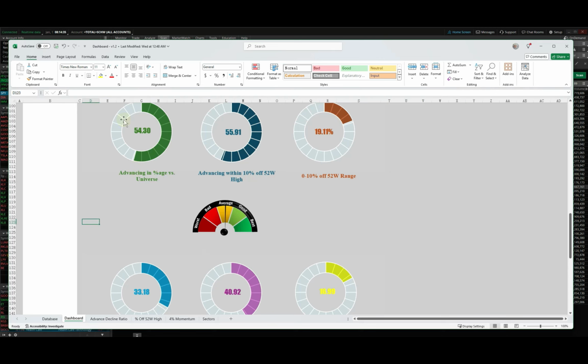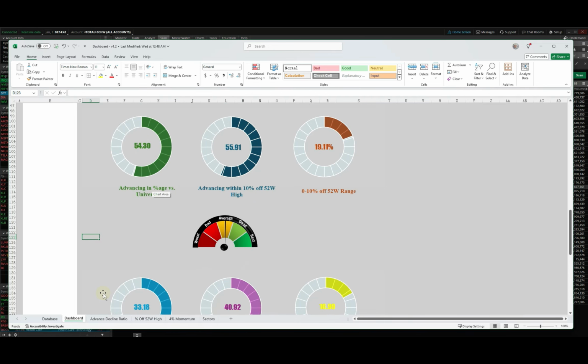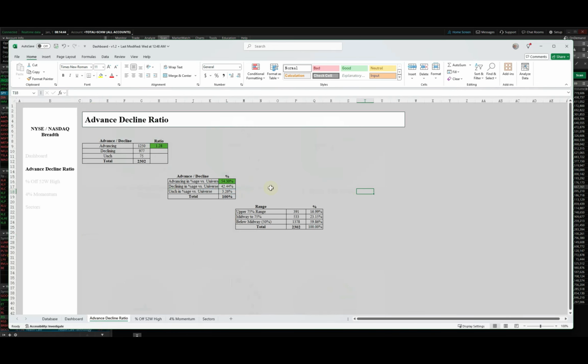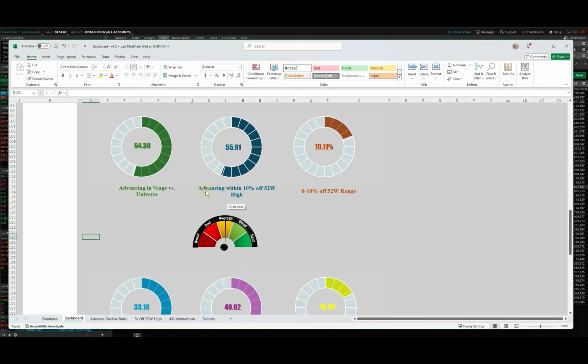You see that today 54% of stocks in the universe were advancing versus declining. Then advancing within 10% of 52-week high, 55.91%. So only 55% of stocks were advancing today in the top 10% range.